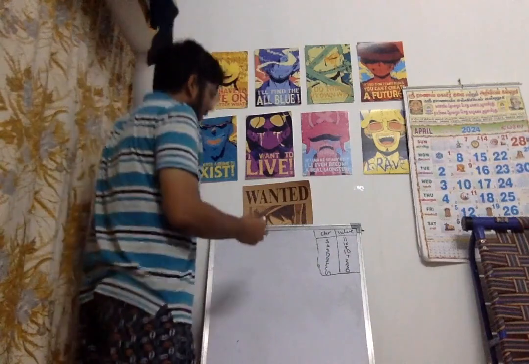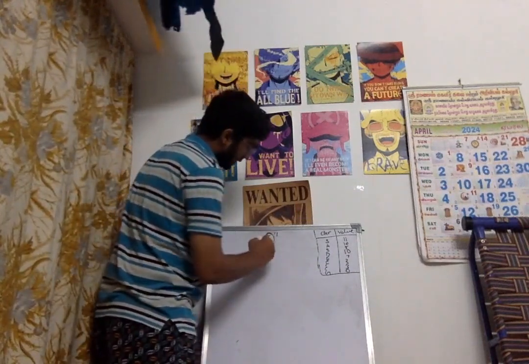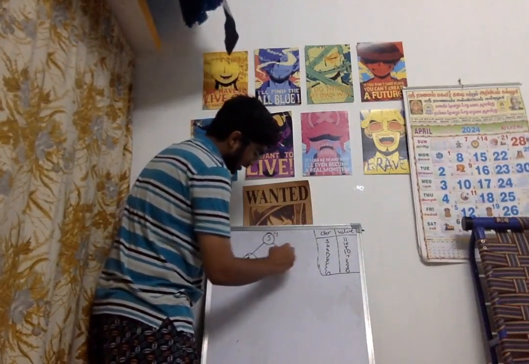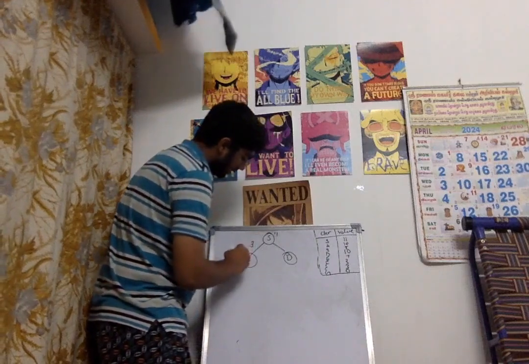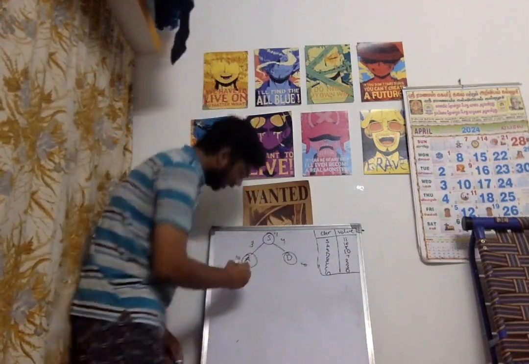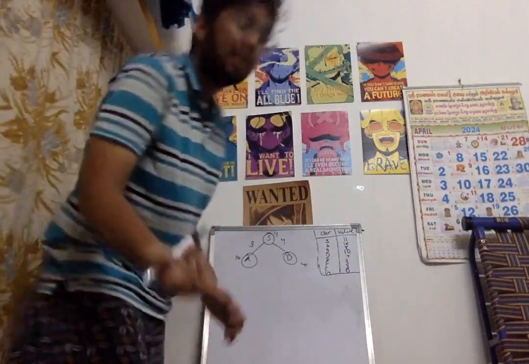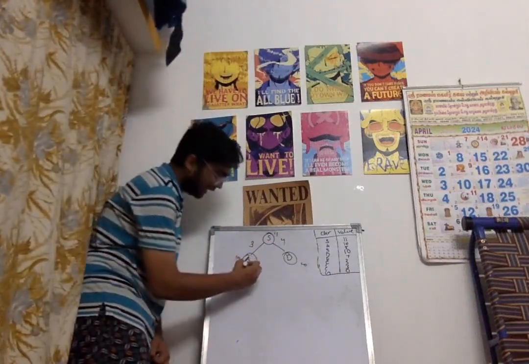As we know, the starting node is S, which has 11 and splits into A and D. So this is 3, 10, and this is 4, 10. The distance calculated for A from S is not 3, it is actually 13. Why?